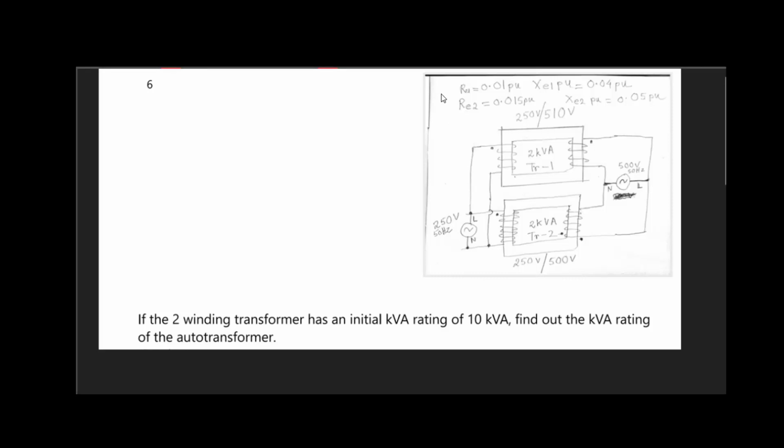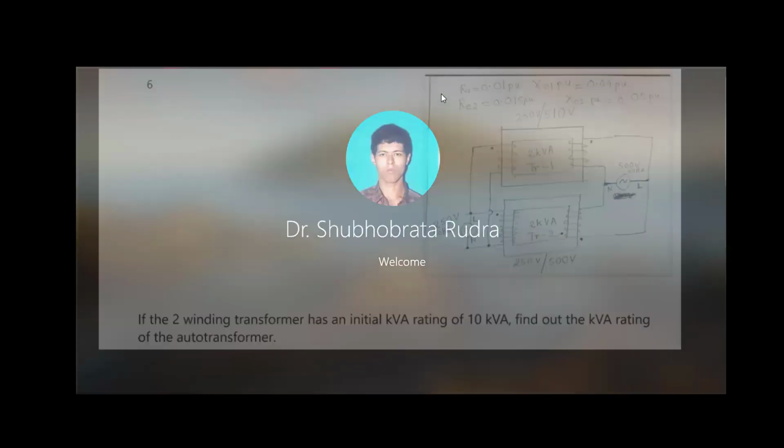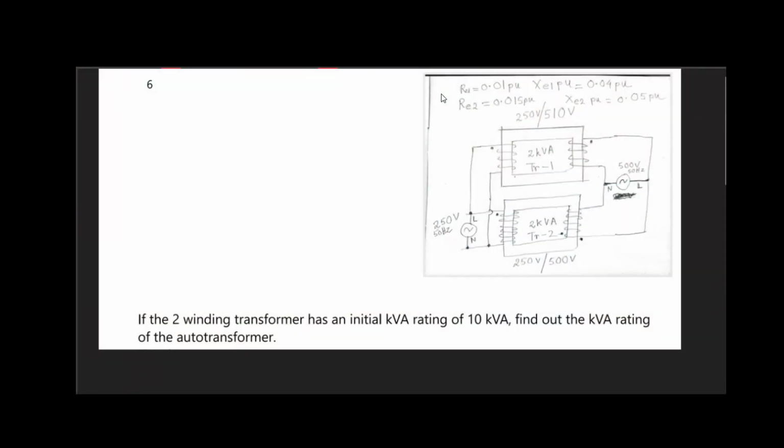All are in per unit values, so I am not writing the units. So of the two transformers, this one is 250 volt by 510 volt, and this one is 250 volt by 500 volt, quite similar to the first problem.